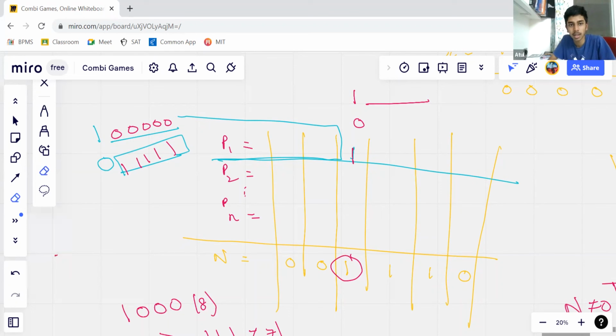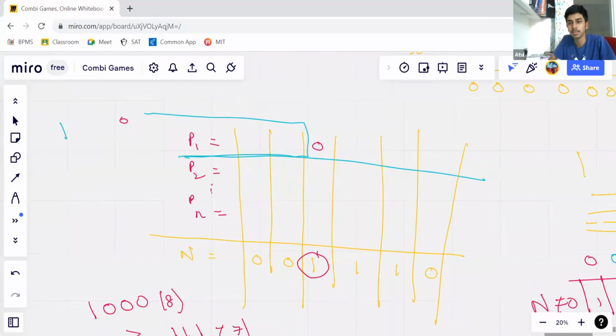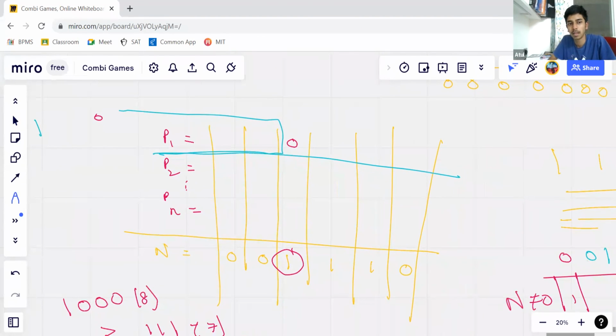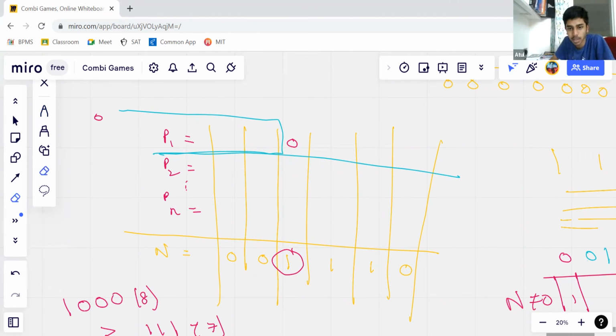Even if it's all 1, it is not greater than that. So the point is, once I make this 1 into a 0, I can make these digits whatever I want on the right-hand side, because whatever new number I get is a valid number that is smaller than P1, since I have removed something from the pile.